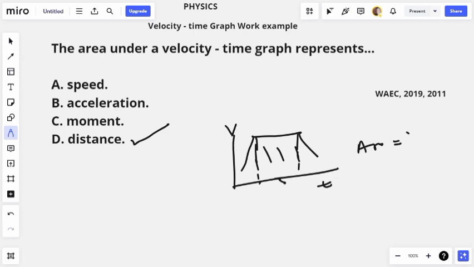Length times breadth, which is velocity times time, and velocity times time means what? Distance. So area under a velocity time graph represents what? Total distance covered. Thank you.